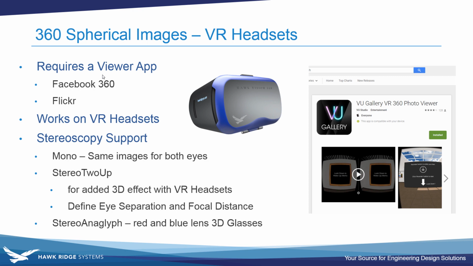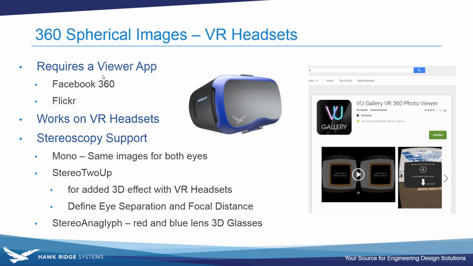In fact, a lot of smartphones now, iPhones and Samsung Androids, their camera apps are able to take 360 images. And if you've seen some of these on social media, where somebody takes a trip and they're on the top of the mountain and they create this cool 360 image that you can click and pan around, well, that's exactly what this is. Flickr is another website that has that.